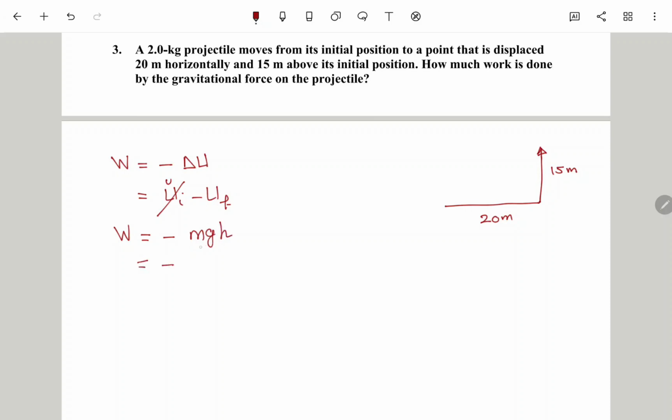M is equal to 2, g is the gravity acceleration, 10, and h equals 15. In total the work equals minus 300 joules.